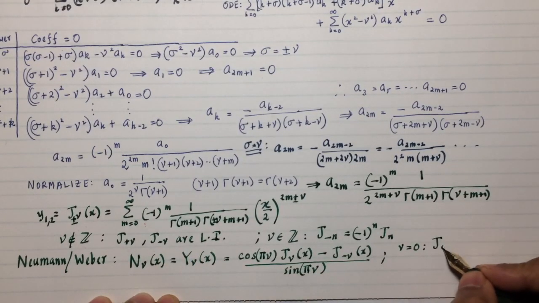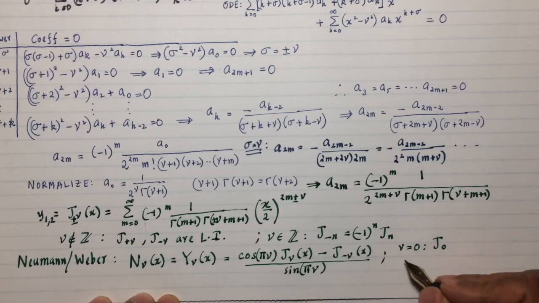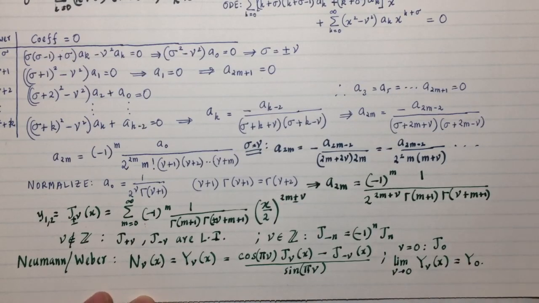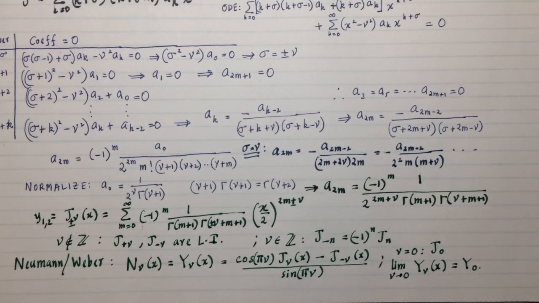So you're only going to get one solution, j naught, and the other solution has to come from here. However, if you put j naught here, that will not be a good thing. What you need to do instead is to take a limit as nu goes to 0 of y nu of x to get this function y naught. It's a pretty complicated limit, and the answer can be found in most reference books.